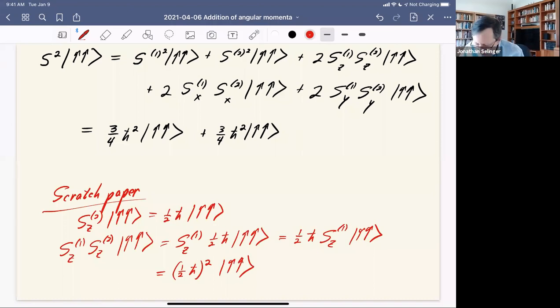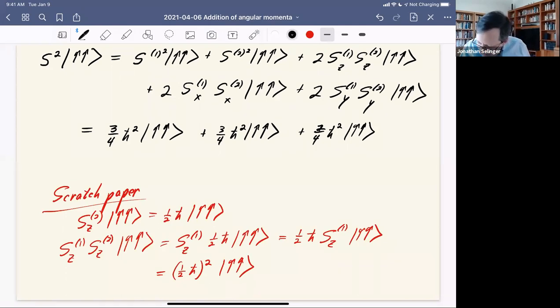So this gives us plus 1/4 h bar squared times up. Oh, and there's a 2 in front of there too. So it's actually 2/4 h bar squared times up.